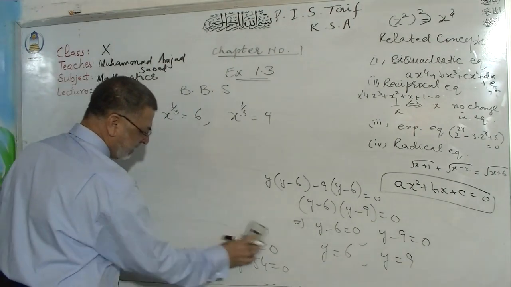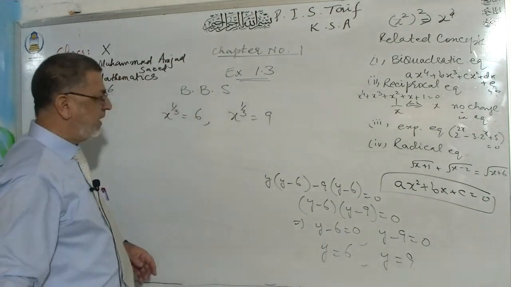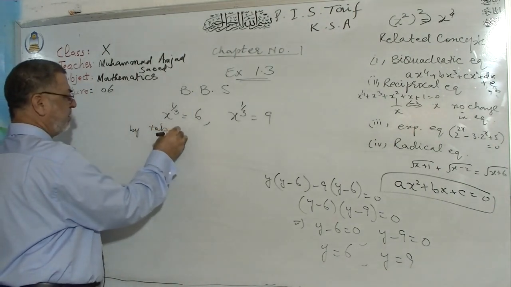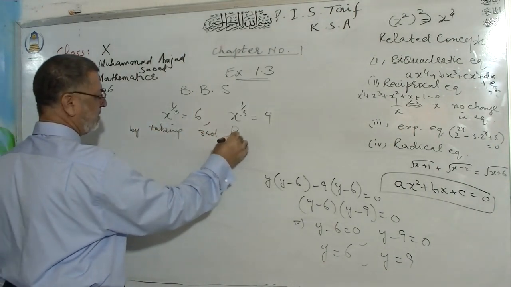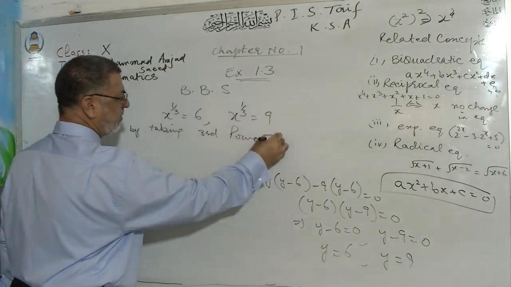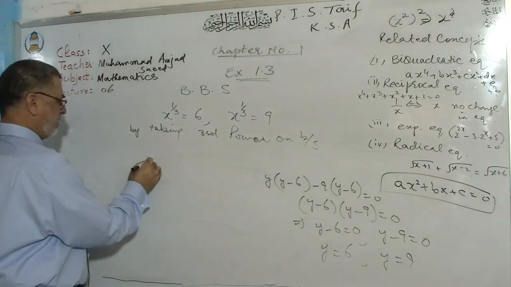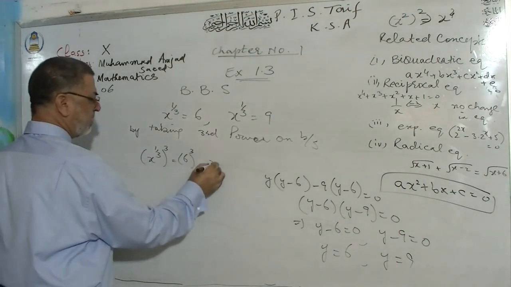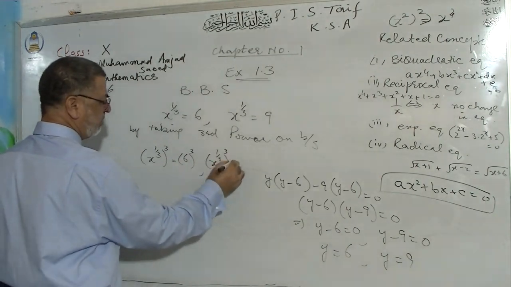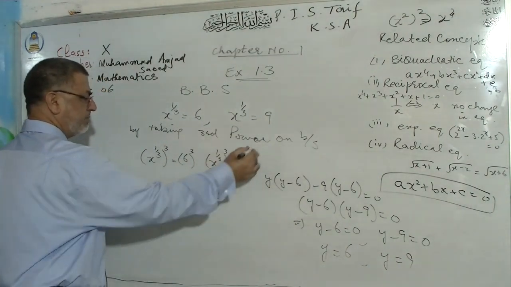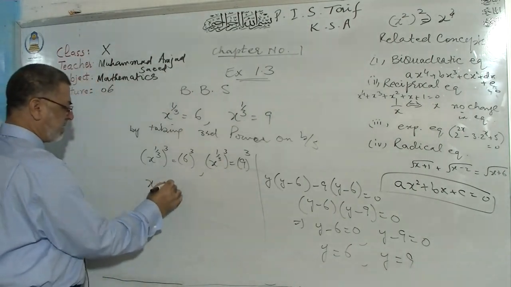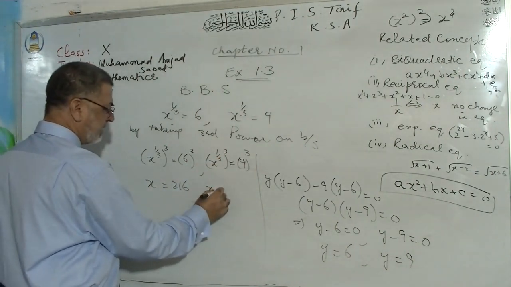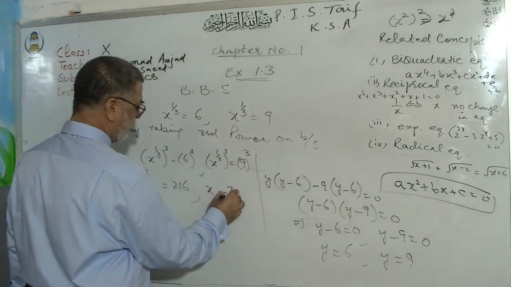So by taking the third power on both sides, (x power 1 over 3) whole cube is 6 cube, and (x power 1 over 3) whole cube is equal to 9 cube. Here x is equal to 216, as 3 and 1 over 3 cancelled, and x is equal to 729.